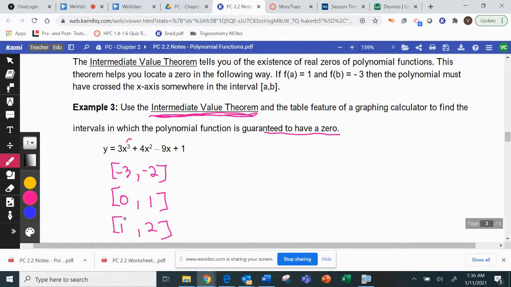And then this is a degree of 3, and I just found intervals for 3 zeros, so I know I can't find any others. Sometimes you won't be able to find as many. You'll never find more.